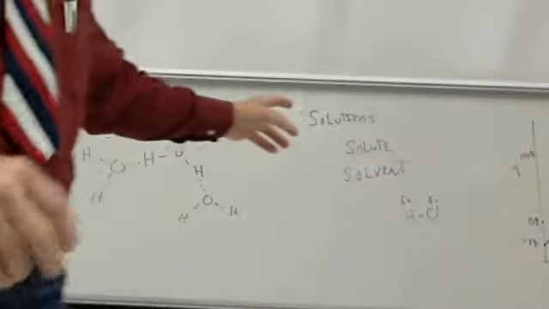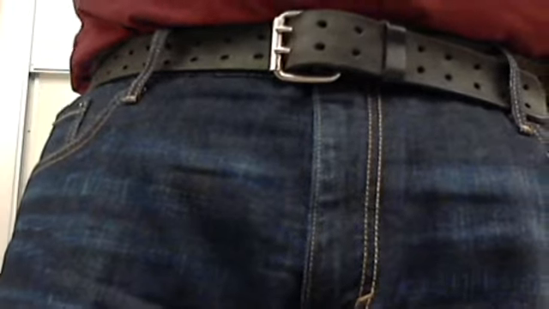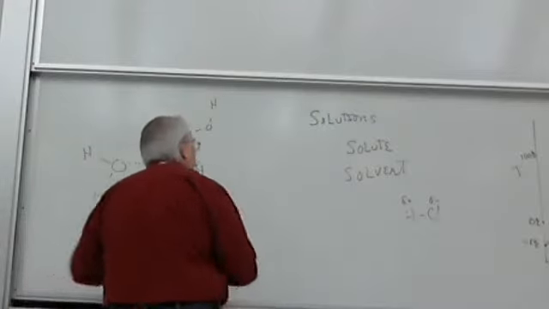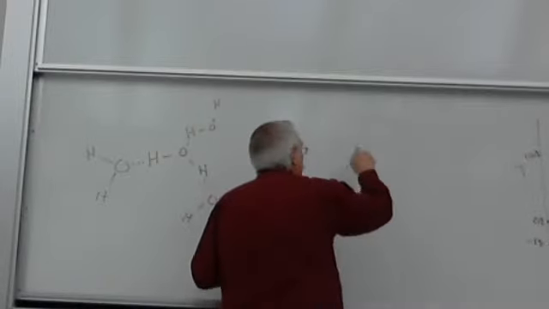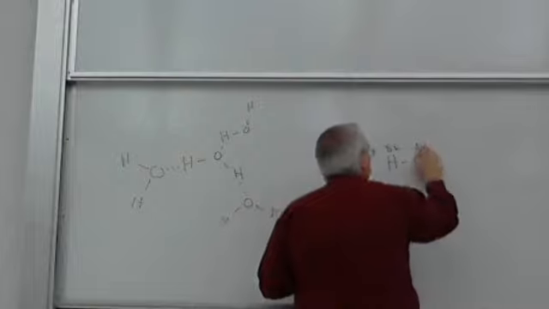If the foreigner is polar, like HCl, with a positive and negative center, the HCl says, look, Waters, I know I've torn you apart from each other, but I'm offering you the same kind of interaction. So I can get the same kind of interaction to take place because the HCl is a polar molecule.